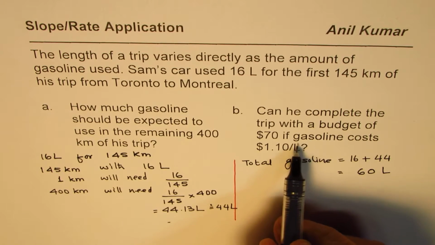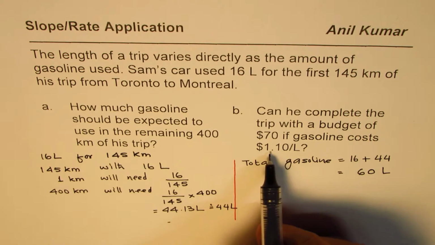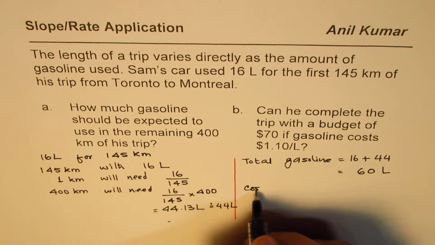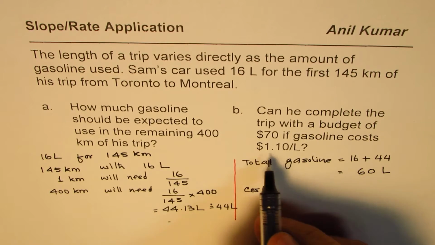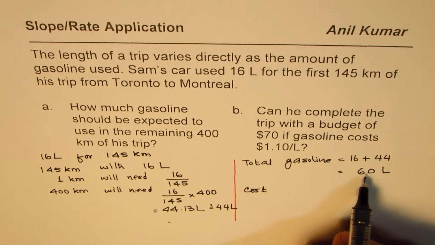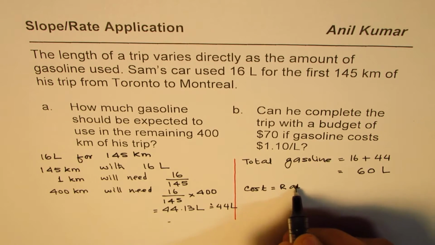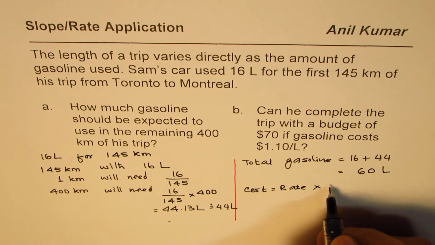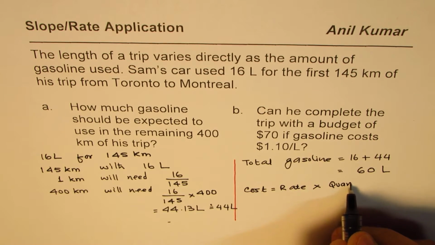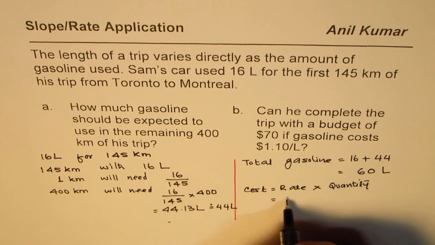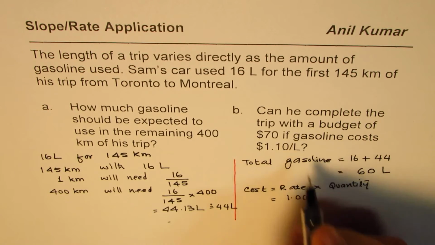Now it says the budget with $1.10. That's the rate. So the cost of gasoline will be how much? So cost will be rate into quantity, correct? In this case, rate is 1.10 per liter.